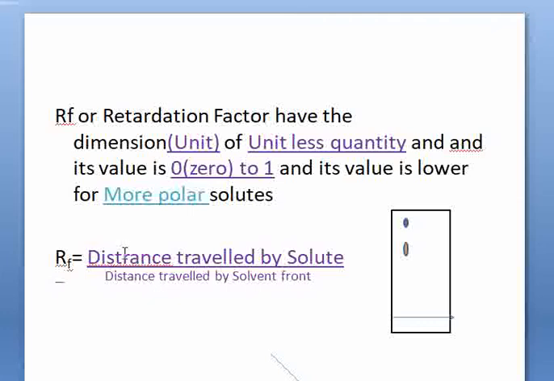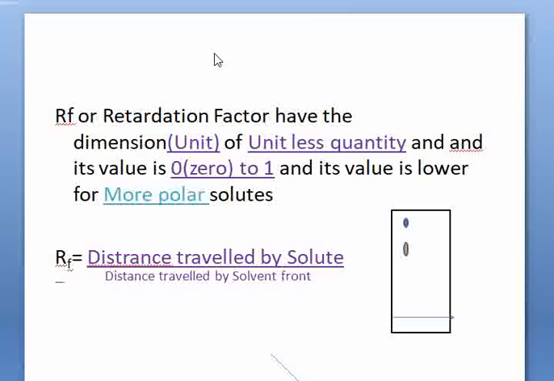So RF is the distance traveled by the solute in the numerator and the distance traveled by the solvent in the denominator. So RF is always less than 1 because the denominator is the larger value. So RF is always less than 1 and its value is always between 0 to 1.